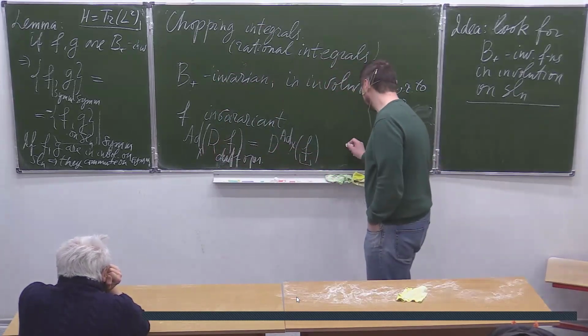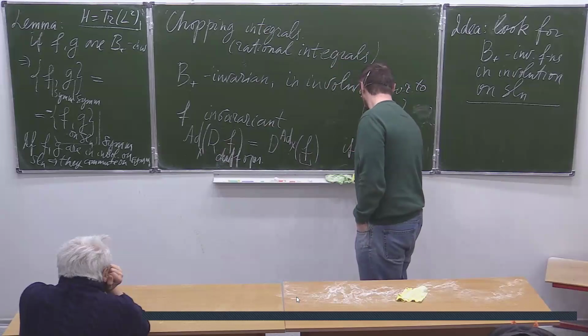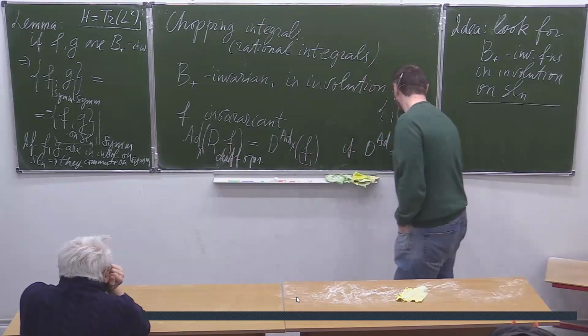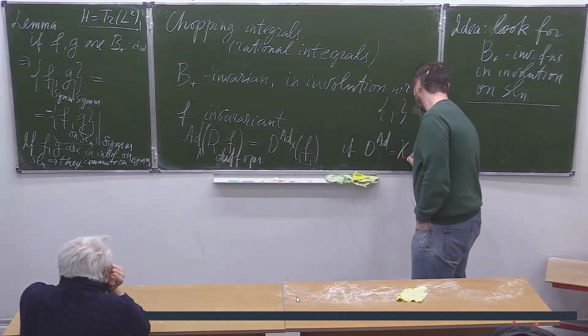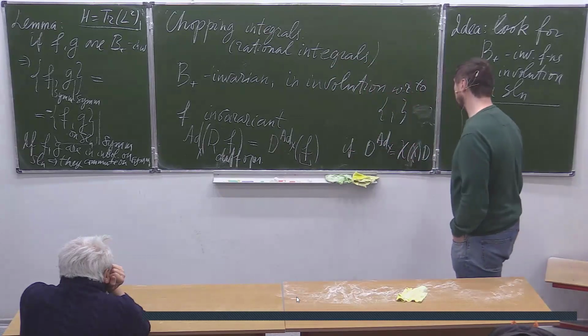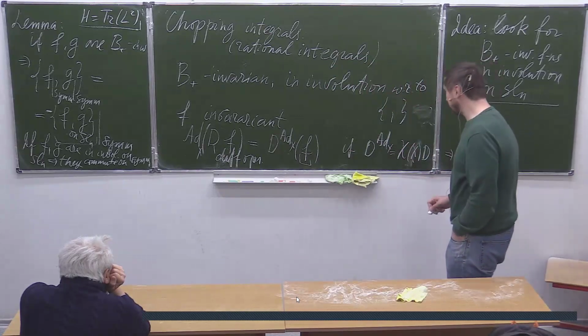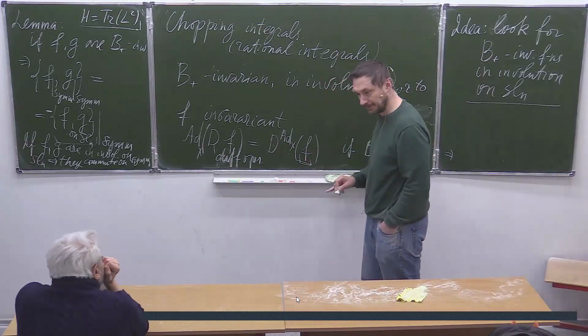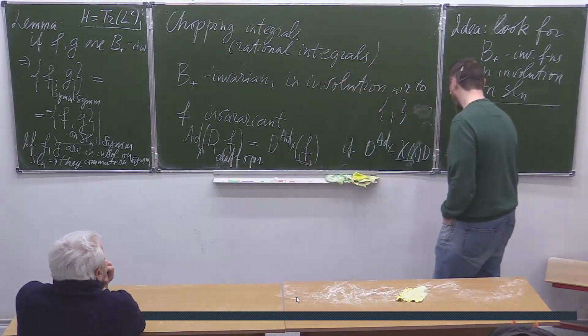In particular, if D adjoint is equal to a certain character of X multiplied by D, we see that the same character will show up for all invariant functions.